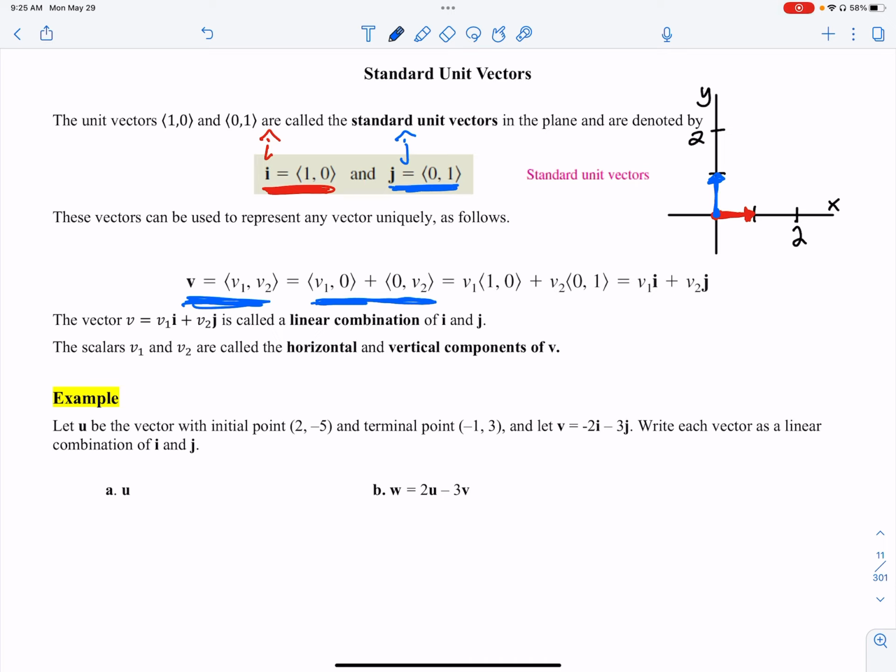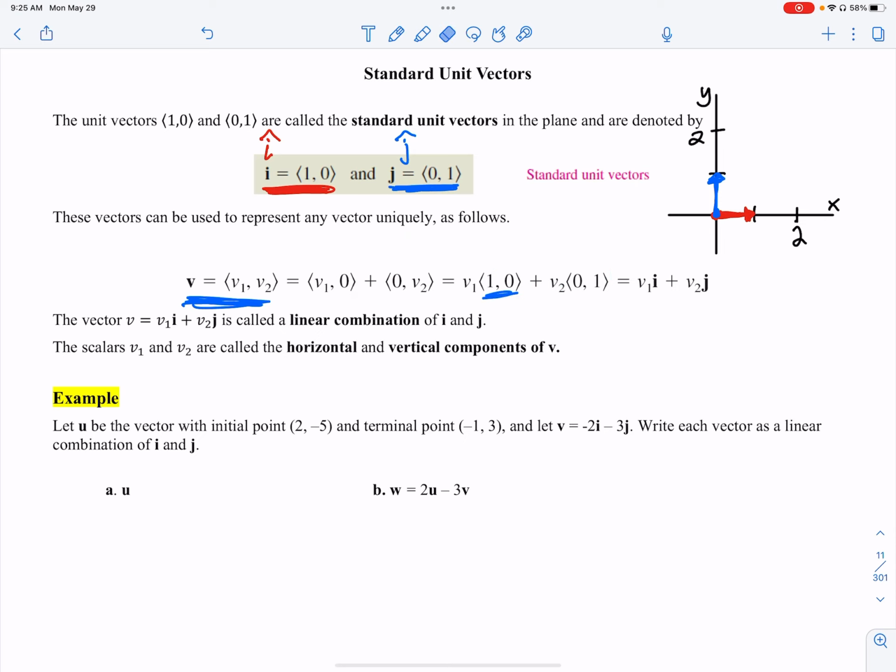The next thing they do, notice that in this one, they take out v1. So this v1 would distribute, and that gets me back to that. Same thing with v2. Then all they did is leave the v1 where it was, and replace this thing, which is equal to i, and this thing, which is equal to j. So they just replaced it.